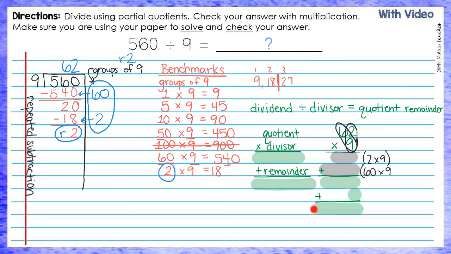Then go back and check, multiply and add and see, did I get my dividend that I started with? If so, then it is correct. On the next slide, where this blue question mark is, you are going to type in your answer, 62 remainder 2. Good job.